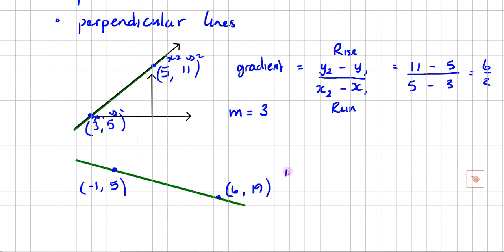We look at gradient m being rise divided by run. So what's the rise and run? Again, I start on the left. My run is always left to right. And do I then rise to that point or do I drop? A drop.